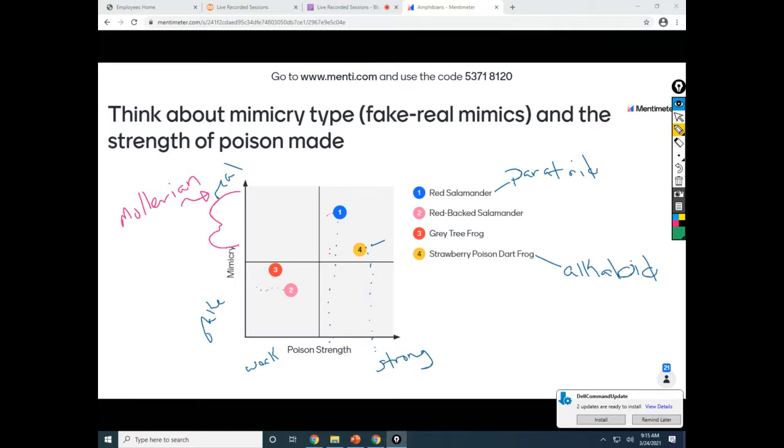We could even imagine them being even further back. We have no poison. Okay, so very weak. Okay, what kind of mimicry? Batesian.